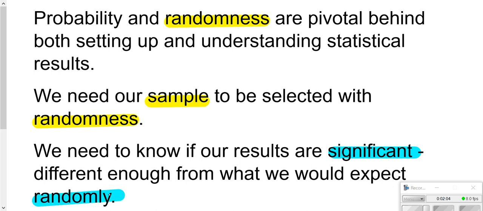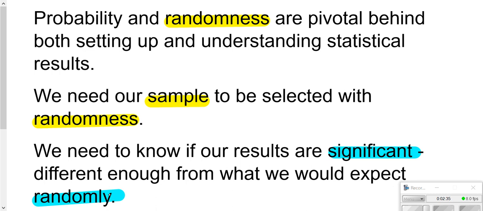A statistically significant result is one that is different enough from what we would expect just through random variation. An example that I use a lot, and I think this is because I have seasonal allergies and it's spring right now, is this: if we were testing an allergy medication, and let's say that I was part of that trial, and several weeks into taking this medication, I'm like, my allergies seem better. Now, how much better? Is it better just because I'm indoors a lot? Is it better because the pollen count happens to be low?